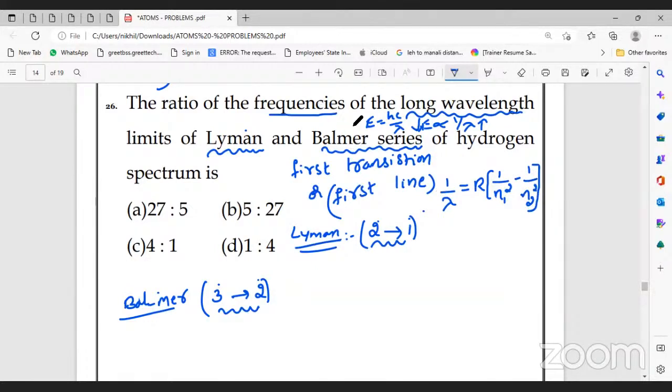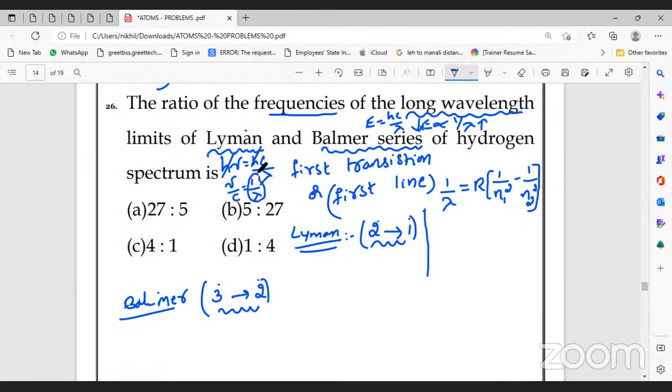But they are expecting the frequency ratio. h nu is equal to hc by lambda, so nu by c is equal to 1 by lambda.